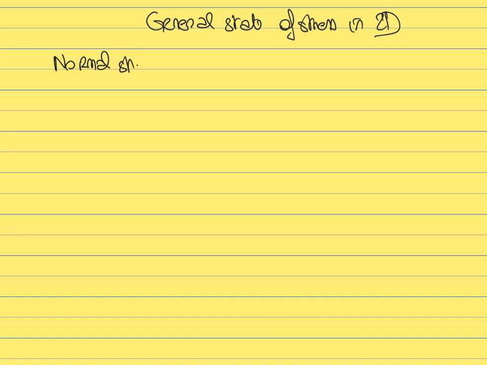So for the definition that we will be using for the stress, let's start first with the normal stress. We are going to define the stress along x, and that's a definition, as the ratio of this small force that is applied along x divided by the area over which it is applied.